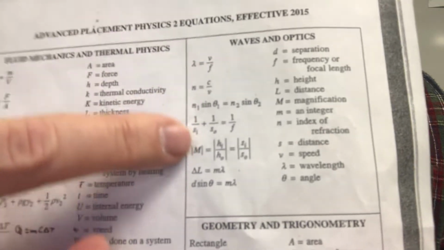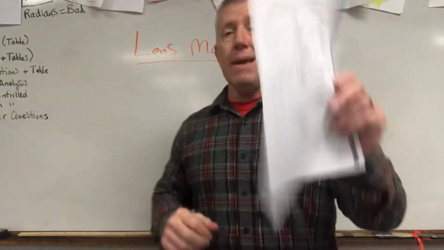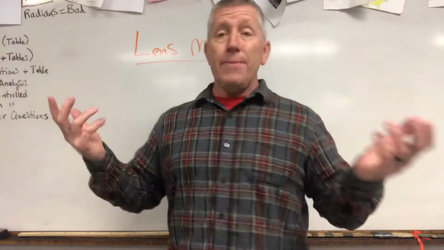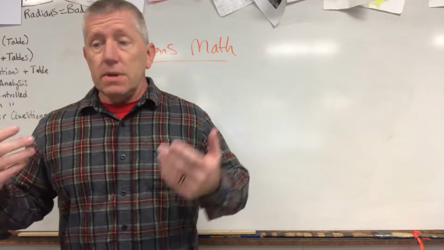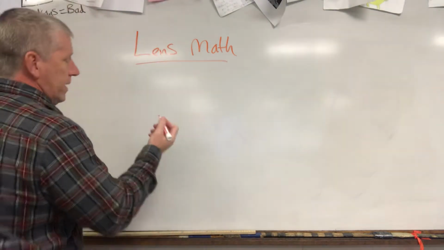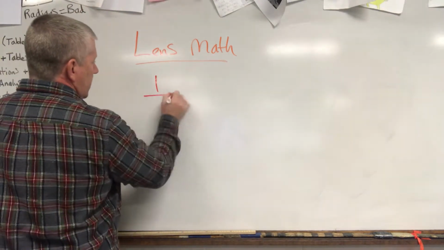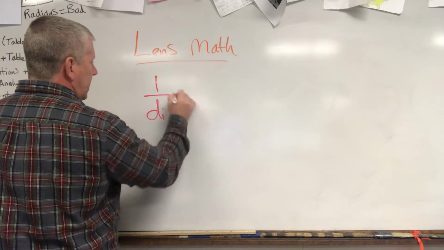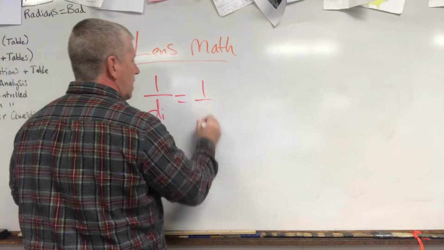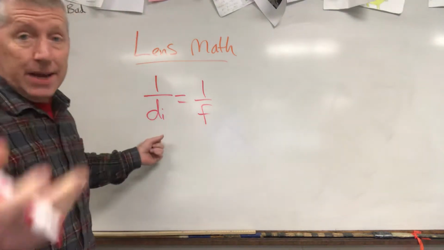Lens math. We still use the same two equations that we used for mirror math. So lens math is going to be pretty quick here. There isn't a difference in equations. So when it comes to distance, we say 1 over di is 1 over f minus 1 over do. Of course, you're usually trying to find di, not always.